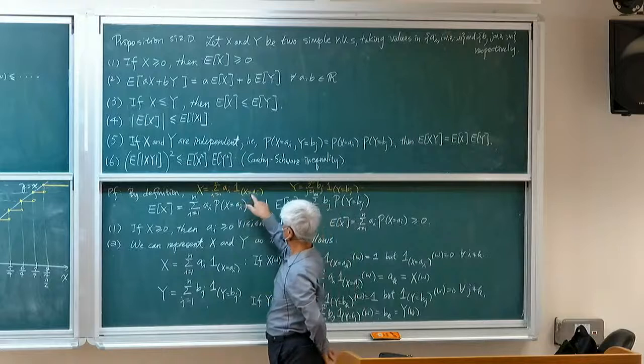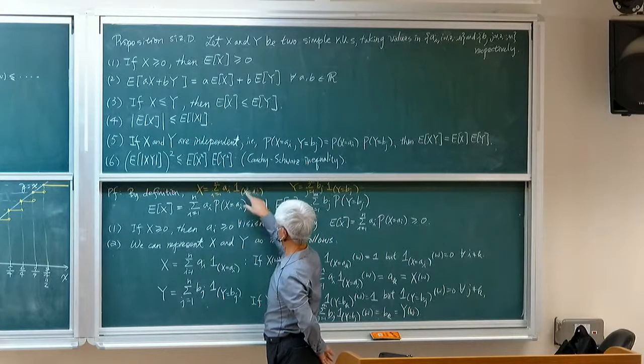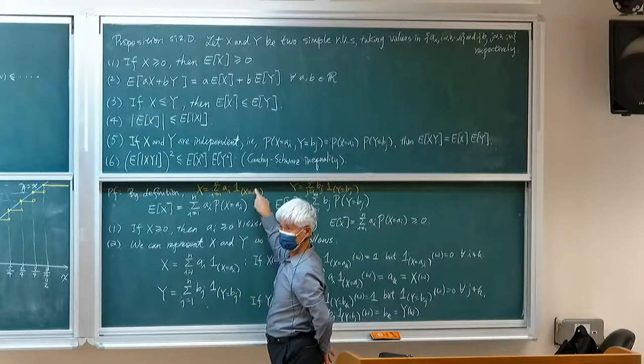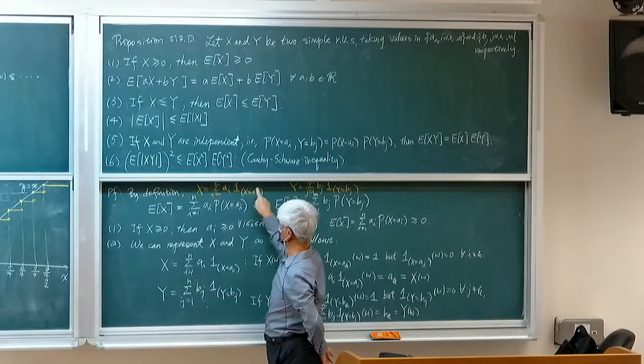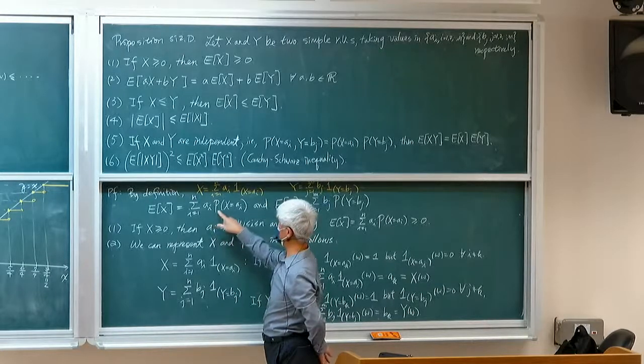That means that x takes value ai in this event, and this event occurs with probability here. So this is a weighted sum.